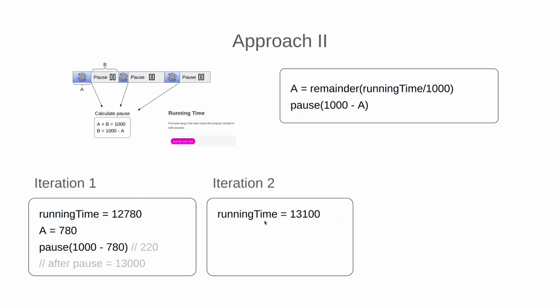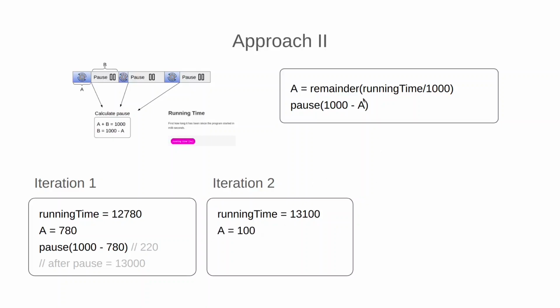So running time at this point here is 13,100. We know that after the last pause, we had 13,000 of running time. So this 100 will be our processing time.